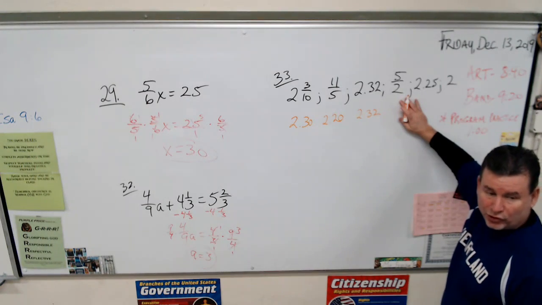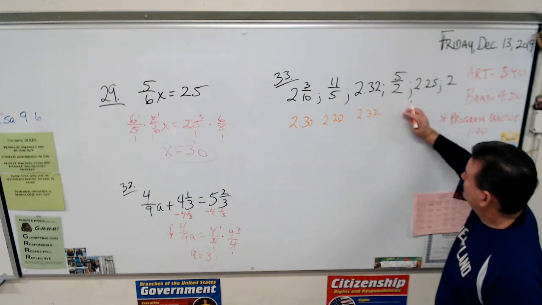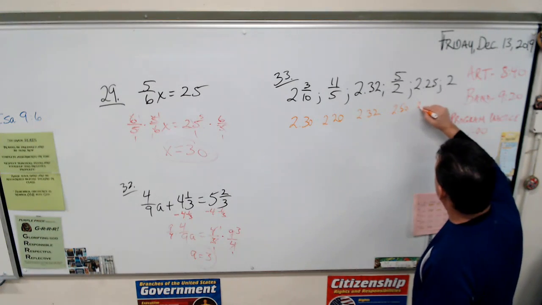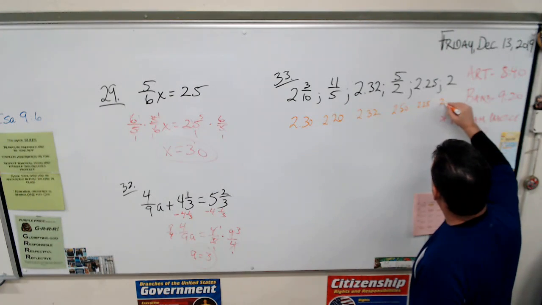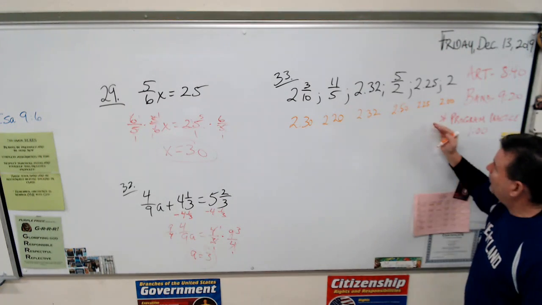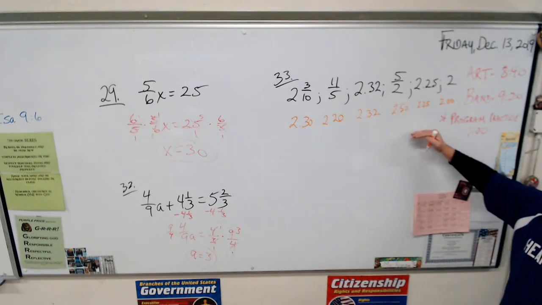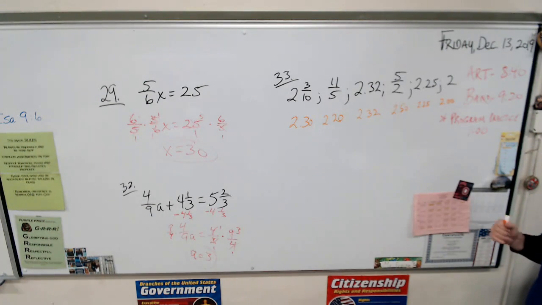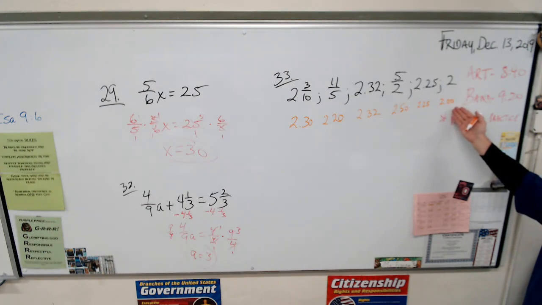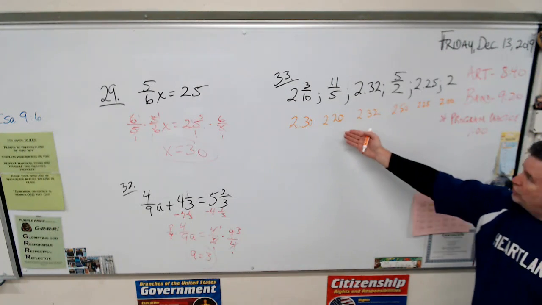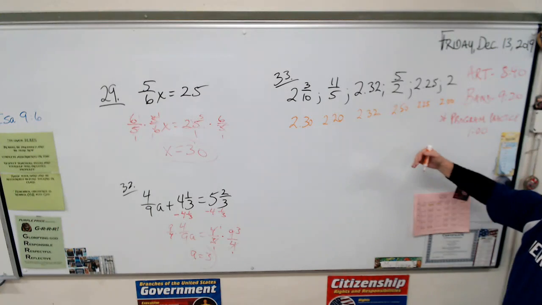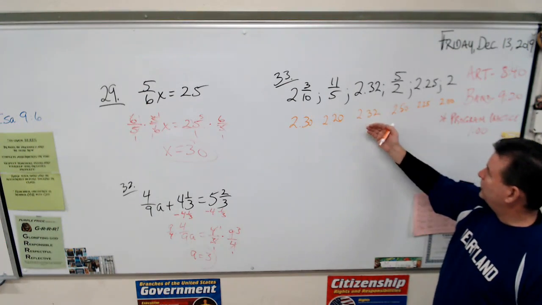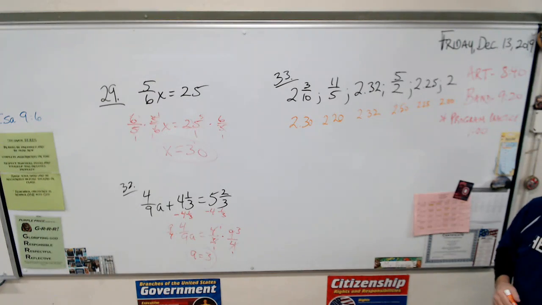This is 5/2, which is 2.5. 2.50. This is already set up for me, and this is 2.00. Now I've got all my numbers with the same name. And now it's just a matter of 2 is the smallest, 2.20, 2.25, 2.3, 2.32, 2.50.